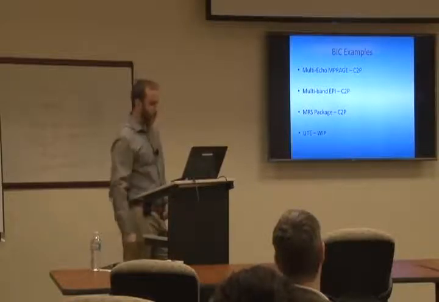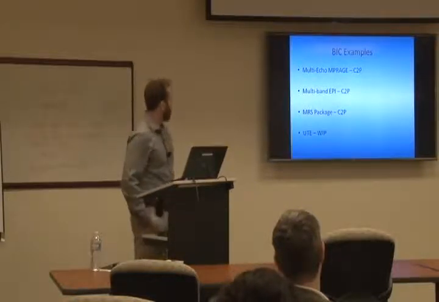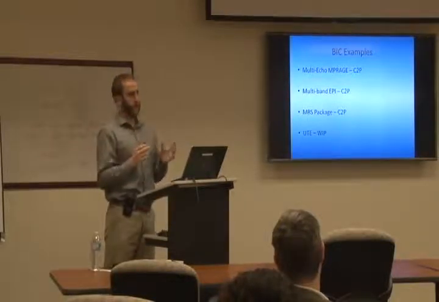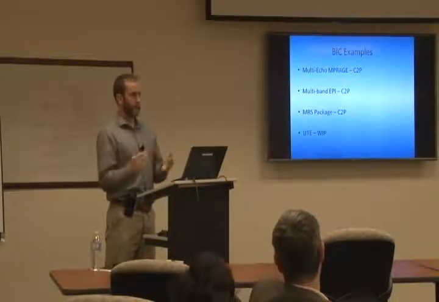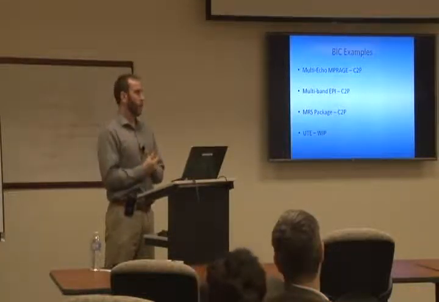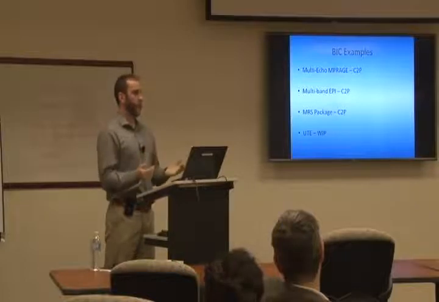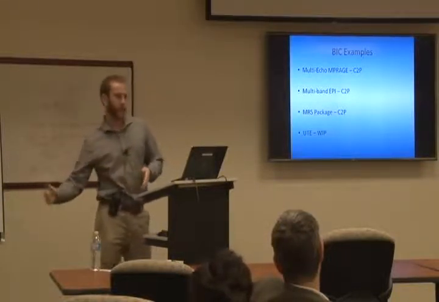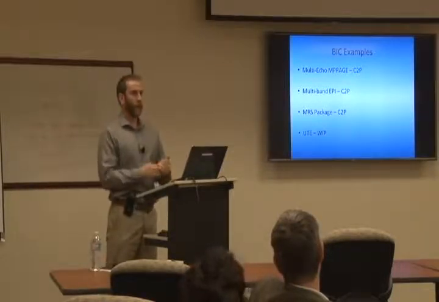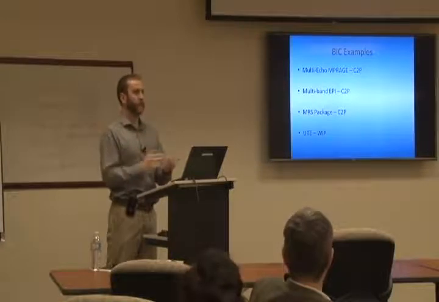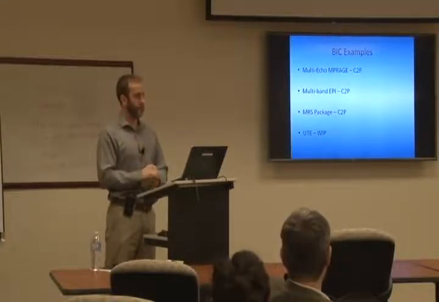C2P. Another one is the multiband EPI. How that works is it's like your EPI sequence, so echoplanar imaging sequence, whatever you would use for fMRI. But what it's doing is it's using a fancy RF pulse to acquire multiple slices concurrently. So instead of acquiring one slice at a time, it's acquiring anywhere from 1 to 6 slices at a time, or 8.